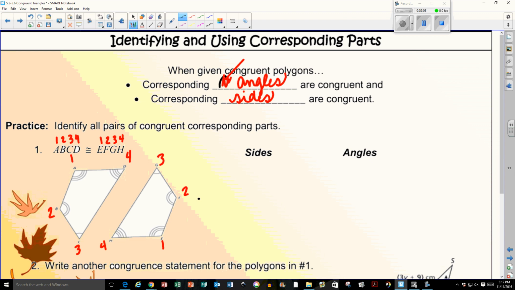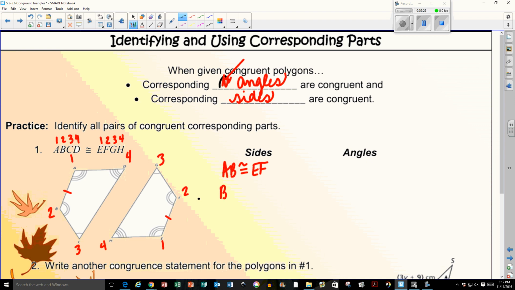Now when I'm listing what's going to be congruent, I can list my sides. AB is 1, 2, and it's congruent to EF, which is 1, 2. BC, 2, 3, is congruent to FG, 2, 3.